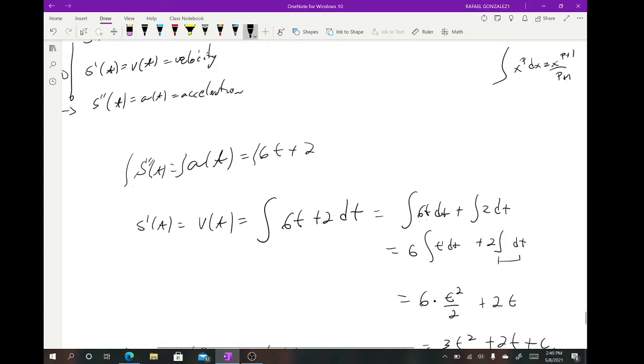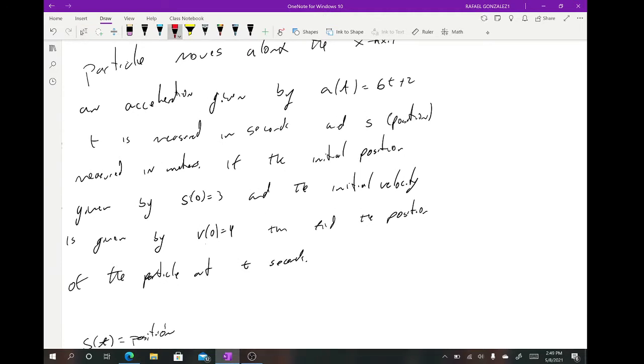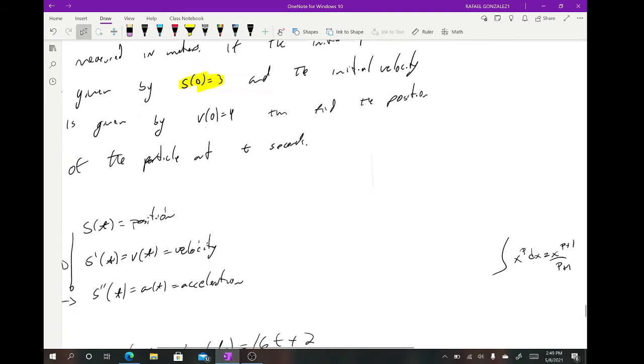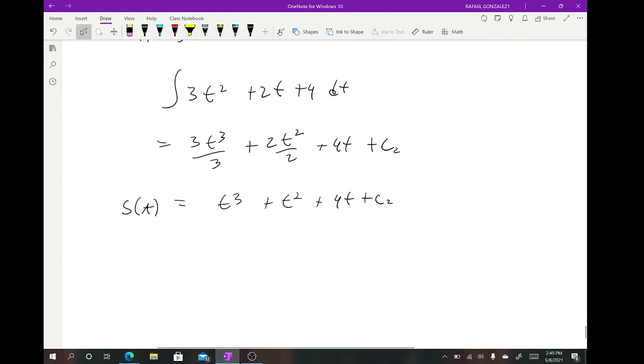But I'm also given information about the position. I'm told that at the initial position, s of 0 is 3. So I'll plug in 0 for t here, and that should give me 3.